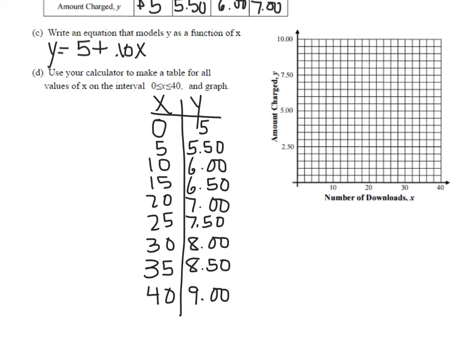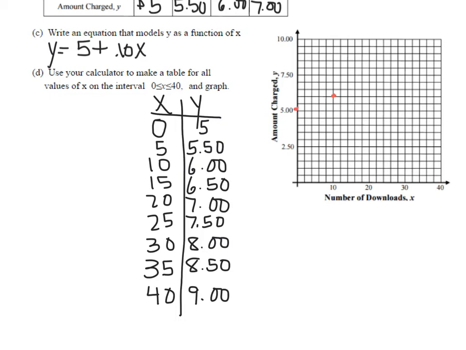We'd like to plot these points on the graph given. So I'm going to try to plot starting at 0. I want to put a dot at 0, 5. Since my interval on the x-axis is going by 2's, I think I'm going to skip the 5 and go to 10. And at 10, I want to plot $6, so that would be this point right here.